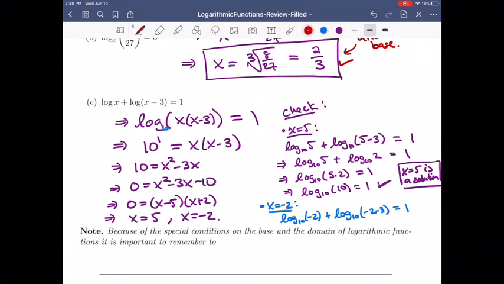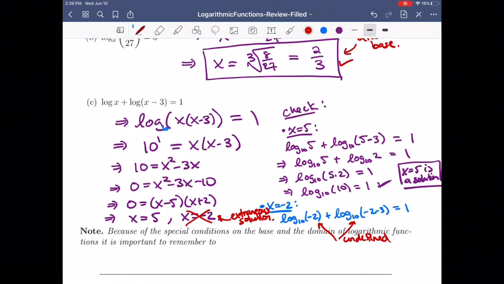I don't have a lot of room here, but both of these are undefined. You can't take a log of a negative number. So because it's written the way it's written, this is not a solution. We say this one is an extraneous solution. It's not actually a solution.